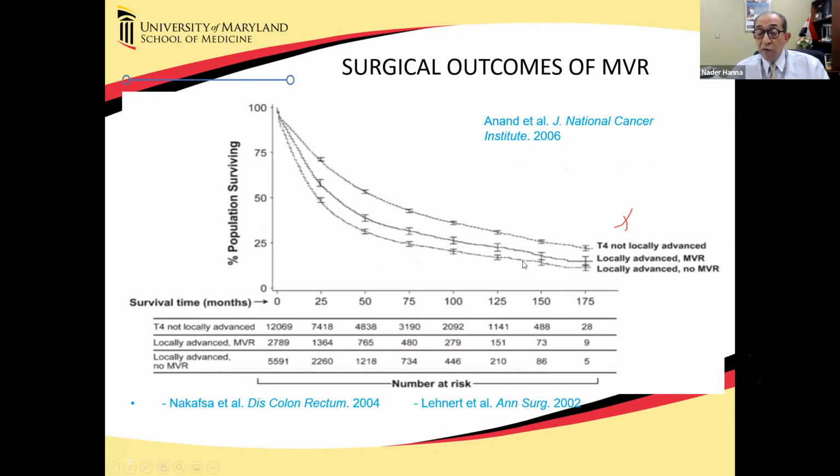The bottom curve is locally advanced where the surgeon did not feel comfortable or no multivisceral resection was done. And you can see that there is a difference in survival. So the message here: if you can do it safely, you have the technical ability, and you have the support for postoperative care for this patient, it's not unreasonable to take these cases on.